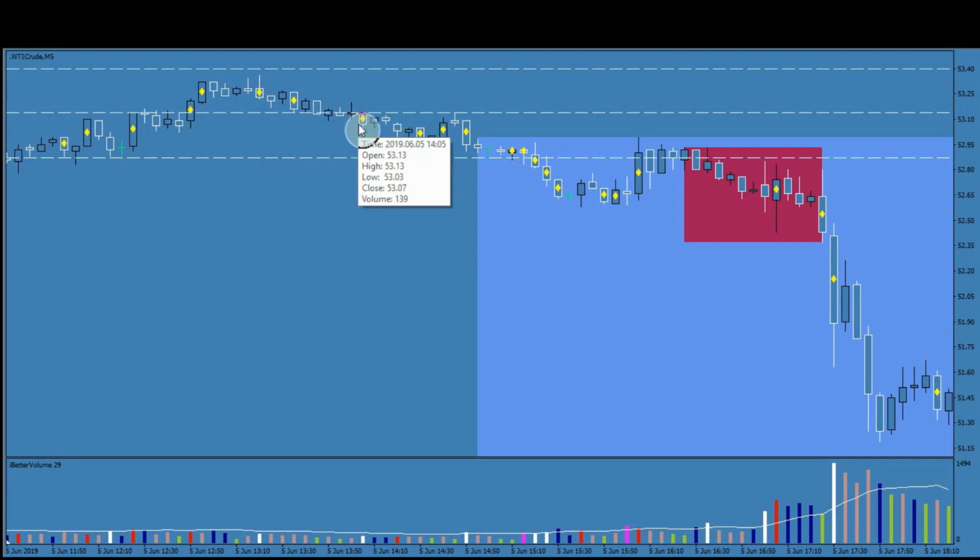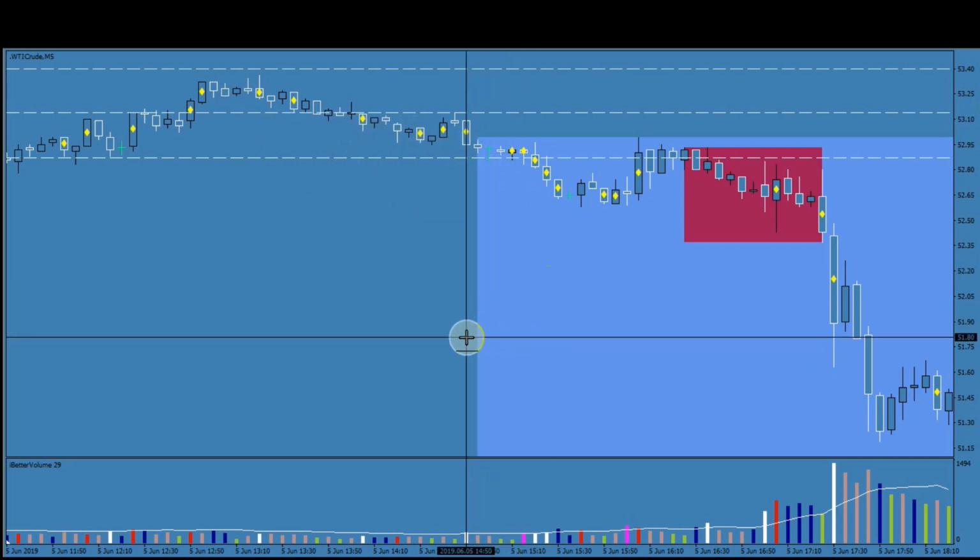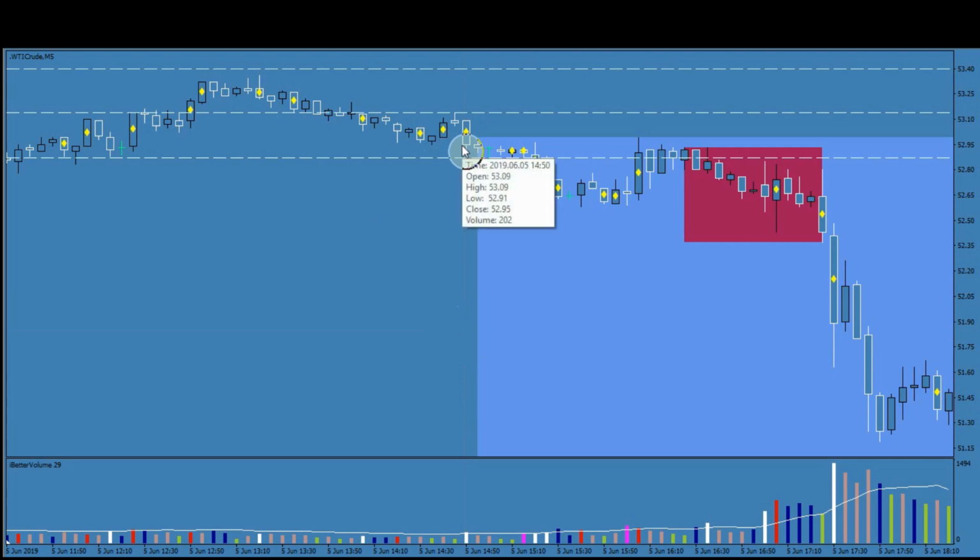It's just constant expansion, constant expansion, constant expansion with volume to match. Volume's increasing on some of these candles right here, and bear in mind the time of day. This is that first hour before the US Open, which is a normal time for volumes to drop off.